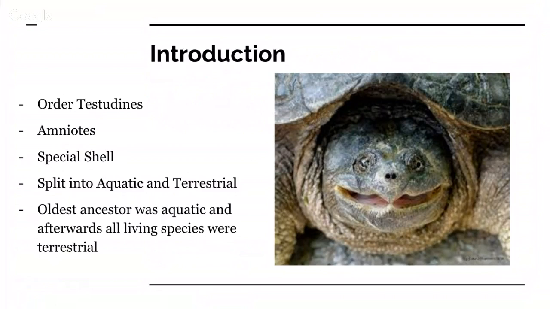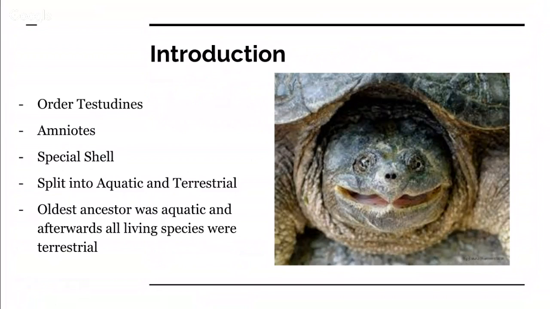Something that's important to understand is that the oldest common ancestor of the order Testudines was in fact aquatic, and then that aquatic species died out after giving rise to several terrestrial species. Funny enough, from those terrestrial species came new aquatic species, and eventually those terrestrial species died out, and then from the aquatic species that survived after that third branching off in the phylogeny, we have the aquatic turtles that we have today.